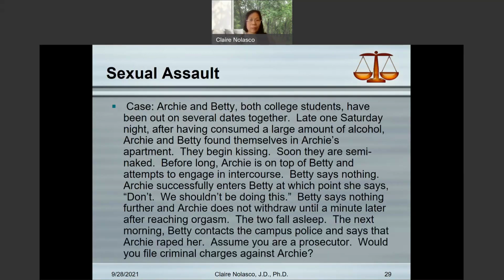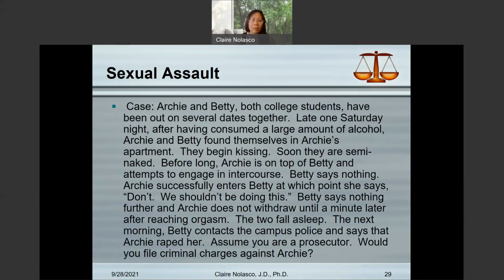Okay. Now that we finished assault, aggravated assault, deadly conduct, and terroristic threat, let's go to sexual assault. Consider this case. Archie and Betty, both college students, have been out on several dates together. Late one Saturday night, after having consumed a large amount of alcohol, Archie and Betty found themselves in Archie's apartment.